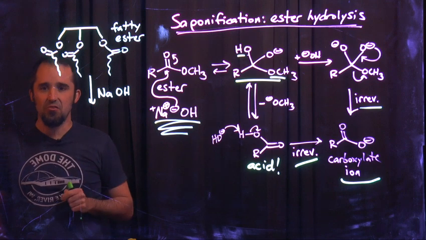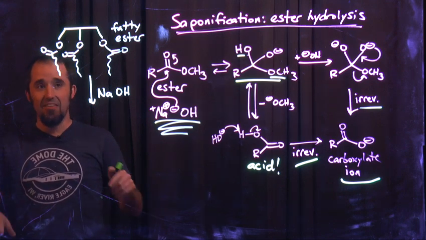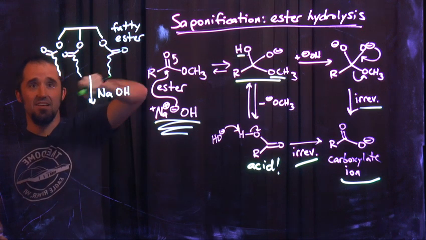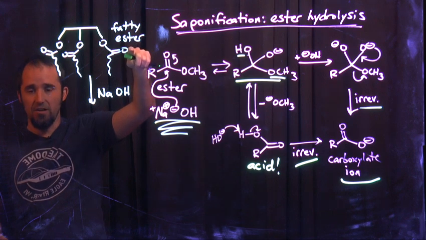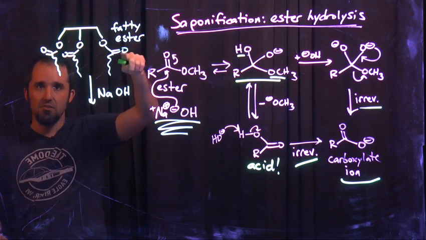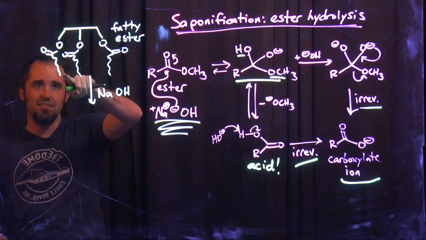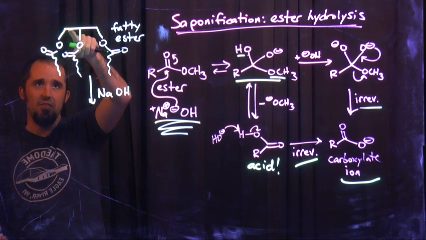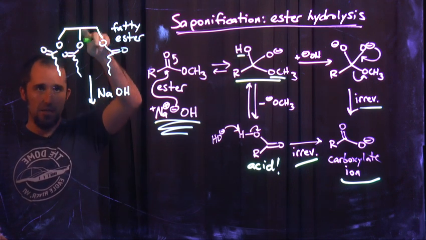I mentioned this is how soap is made, saponification. Here is more detail on that. So this is an example, a rough sketch of a fatty ester, all right, a triglyceride. So I've got long carbon chain fatty acids here, oxygen, and then a 3-carbon unit that will eventually, that's where the glyceride comes from.